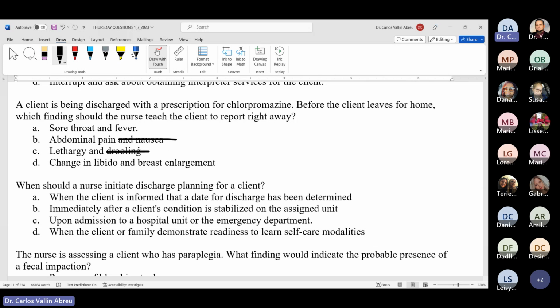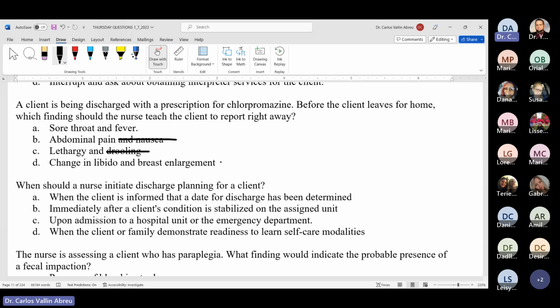So now, knowing the medication, you can tell this medication works by inhibiting dopamine, but it is not modifying the level of hormones like testosterone, or the secretion of prolactin.